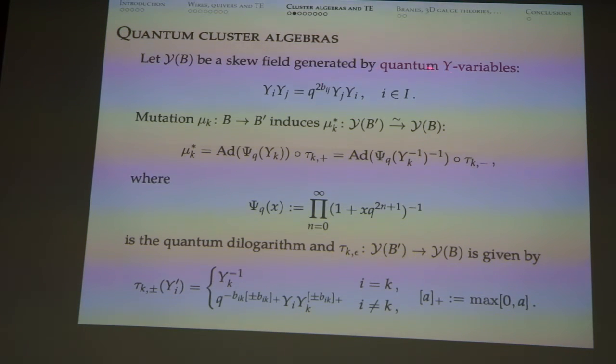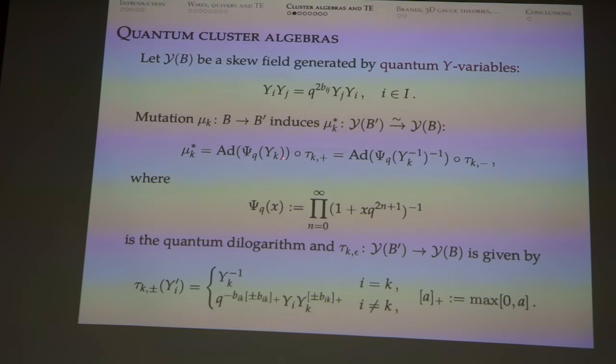So it's a rational expression of the quantum Y variables, but it goes in the backward direction from B prime to B. And this is some kind of pullback by mu_k star. It can be written in two different ways, but the result is the same. There's a choice of sign you can make, but the choice of sign in the end doesn't matter. The result is going to be the same.